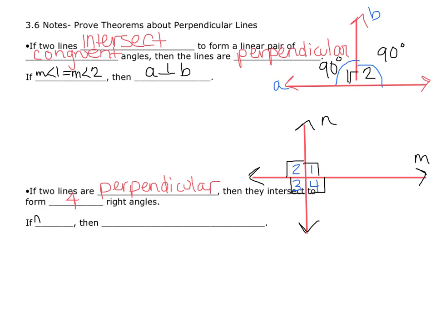So if line M is perpendicular to N, then angle 1, angle 2, angle 3, and angle 4 are all right angles.